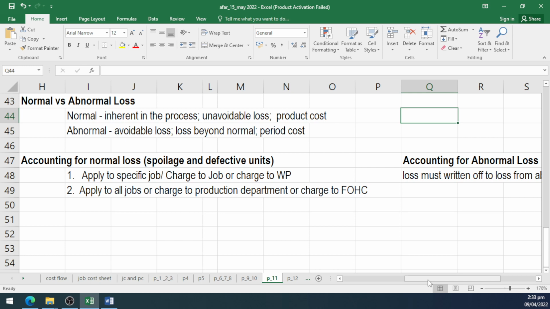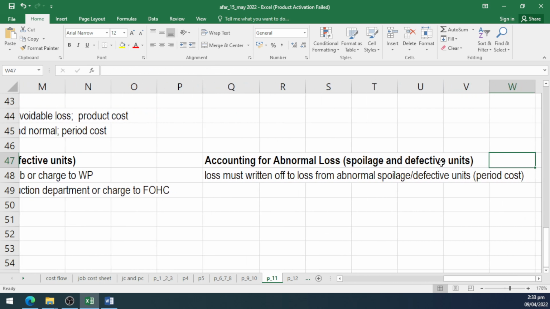May naka-allocate na doon na spoilage at saka rework. Kaya nung nangyari yung actual, wala nang debit sa work in process. Nasa factory overhead control na. Pero sa apply to specific job, kung sino yung job lang na nangyari yung rework or spoilage, yun lang ang ma-charge. Okay?